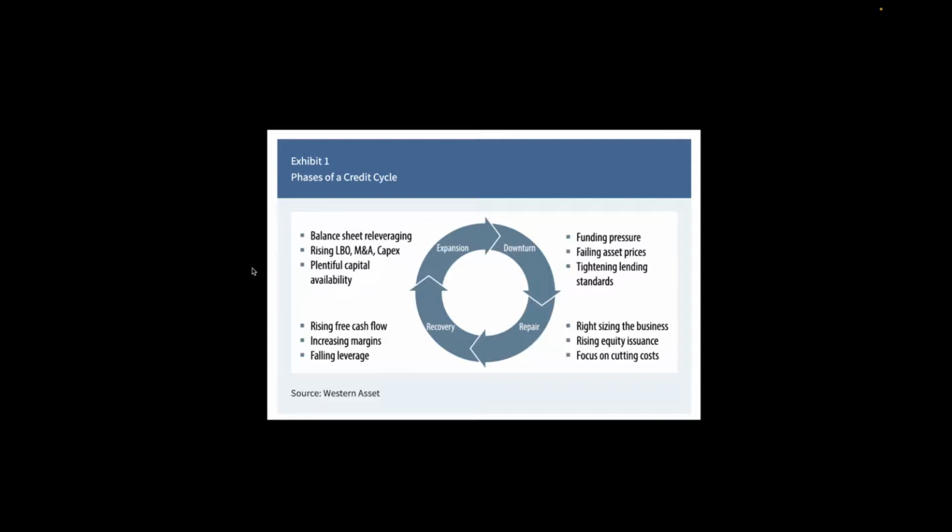A bunch of banks now have an increase in delinquencies. And so they're going to have to start tightening up who they give loans to and being more careful. And then this becomes a feedback loop.